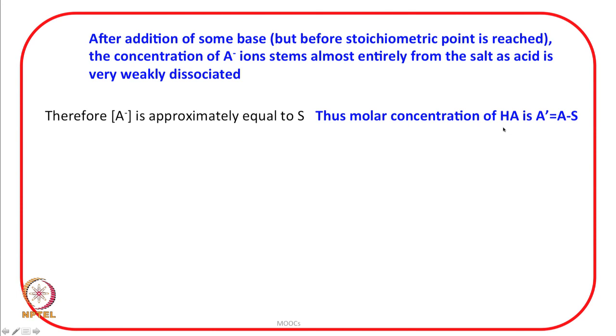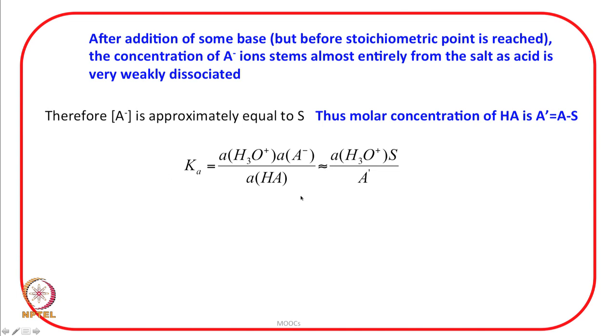So, instead of A, now I will use the molar concentration of acid HA as A prime, and you write the acidity constant as usual, and instead of the A minus activity I will use S. That is, I am approximating A minus as S, and instead of HA I will write A prime.